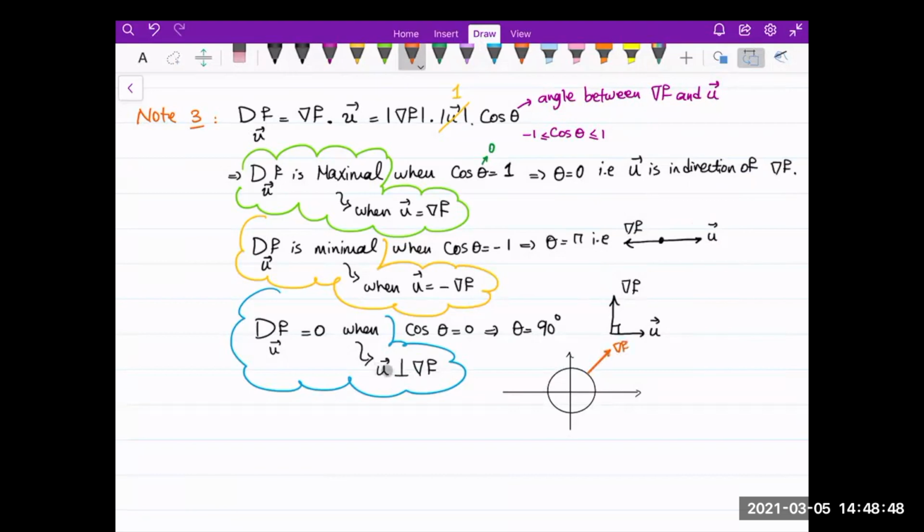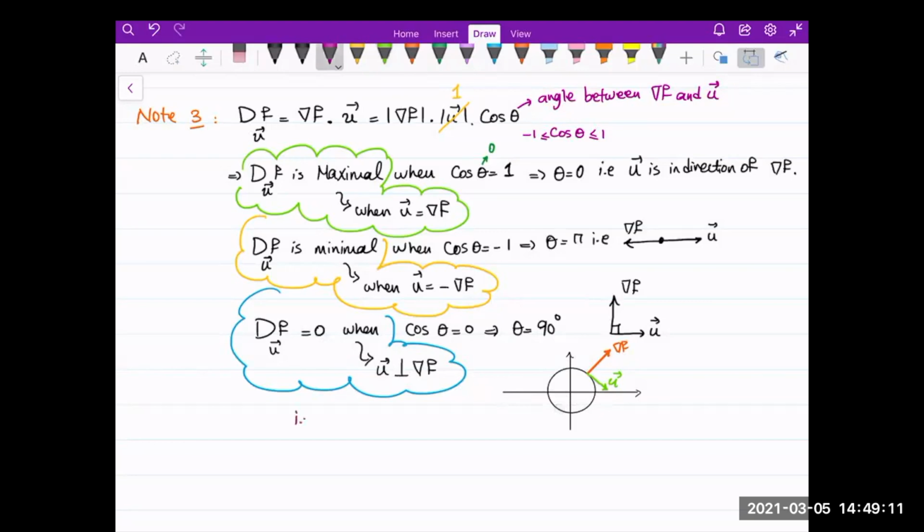Now we are saying that directional derivative is 0 in the direction that is perpendicular to that. So when u is something like this, we get 0, which means that we get 0 when we are in the direction tangent to the level curves.